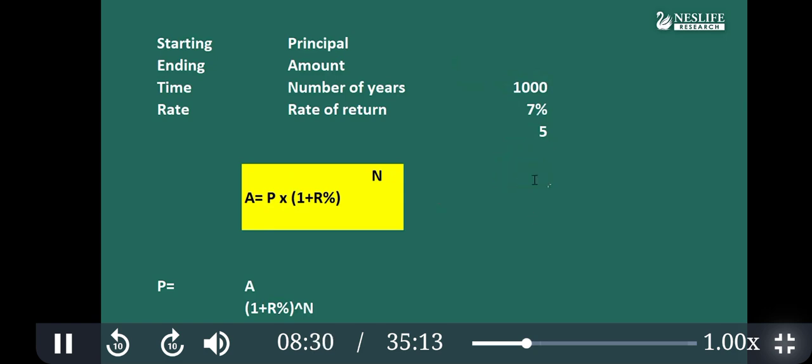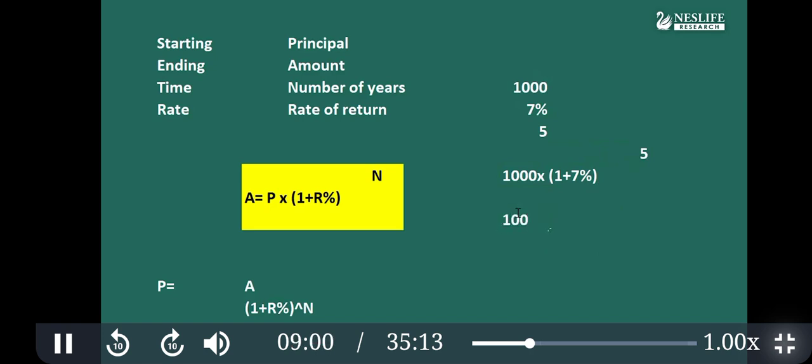Okay, I'll write 1,000 multiplied by. You can calculate this on Excel directly, or ChatGPT or Google, but this is just basic understanding, so you understand it. So 1 plus the return percentage, 7%, and power raised to 5 here.